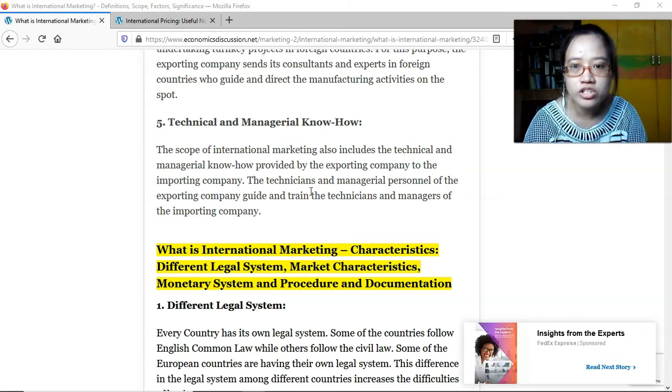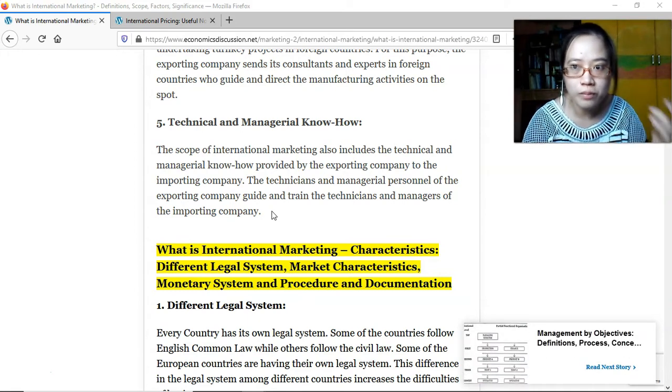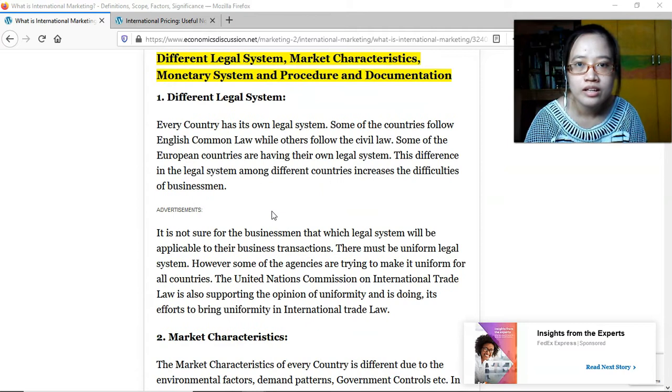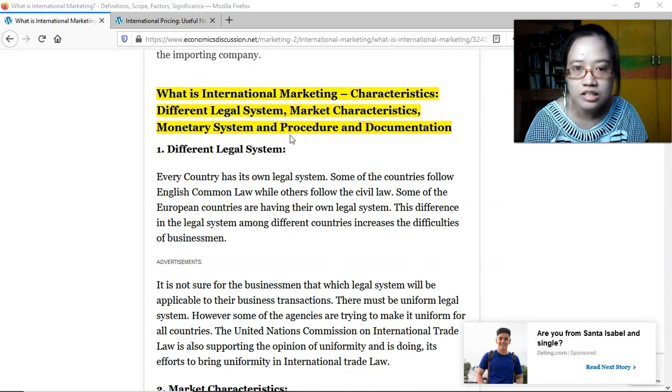The technicians and managerial personnel of the exporting company guide and train the technicians and managers of the importing company, especially if they do not have any knowledge yet of what the product is about, what it is supposed to do, so that they could properly market it and guide their customers in using it, and of course provide after sales service. Okay.